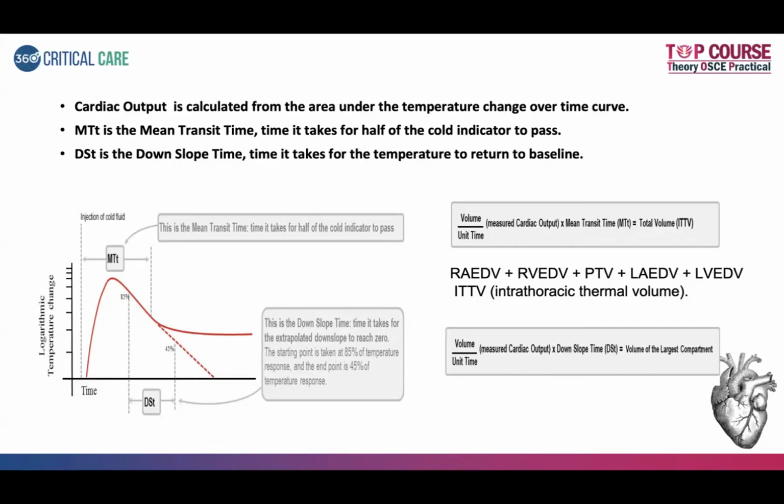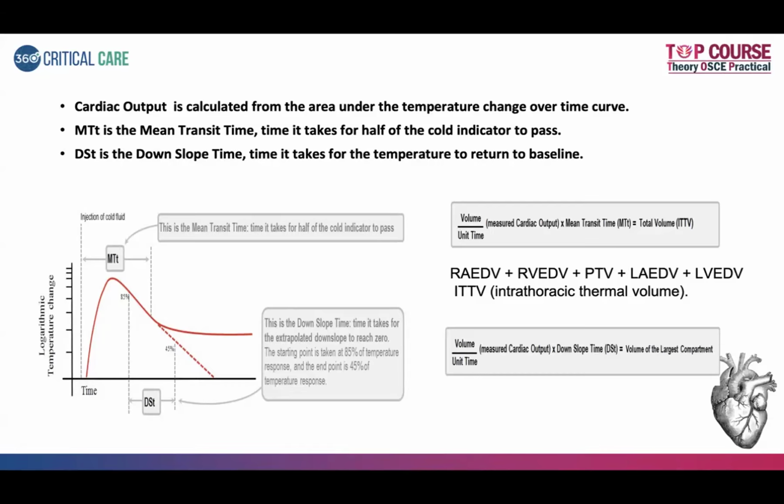One is the mean transit time, which indicates half of the time it takes for the cold indicator to pass through the chambers. And there is a down slope time, which tells us when the temperature comes back to the baseline.